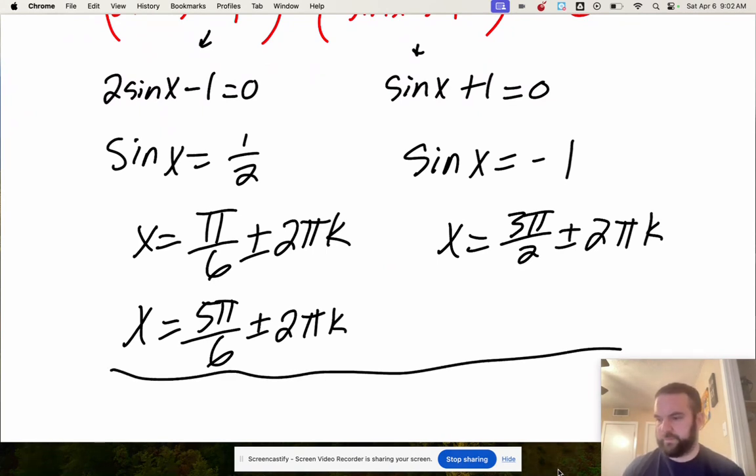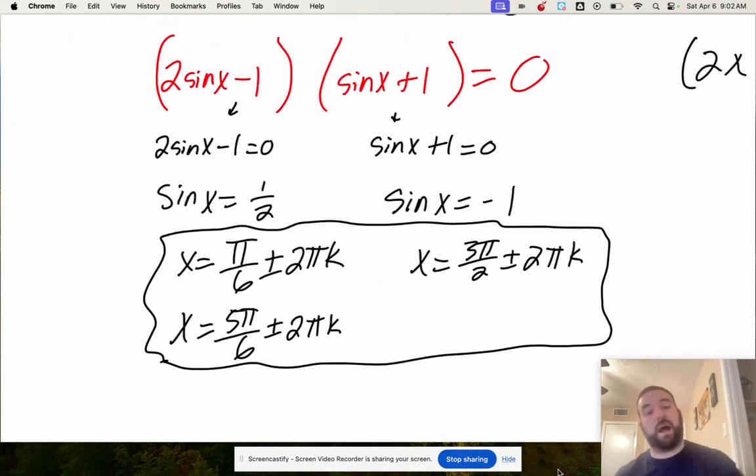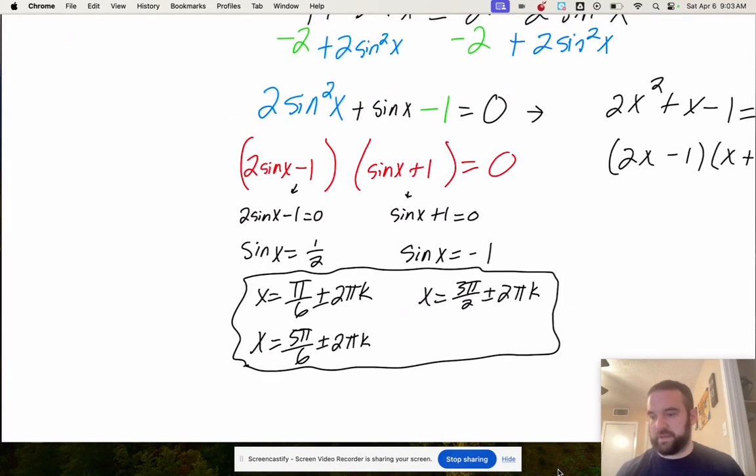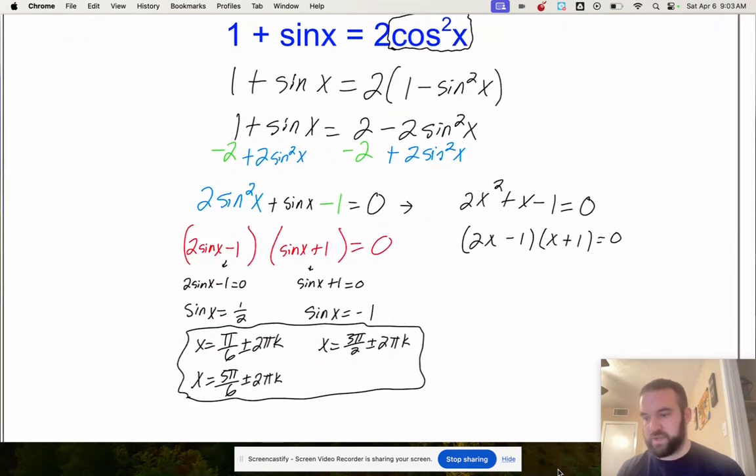So for the first time today, we actually have 3 statements that together make up our solution set. The pi over 6 and the 5 pi over 6 will make this factor equal to 0, and the 3 pi over 2 will make that factor equal to 0. So together, that is how we can solve the equation 1 plus sine x equals 2 cosine squared.